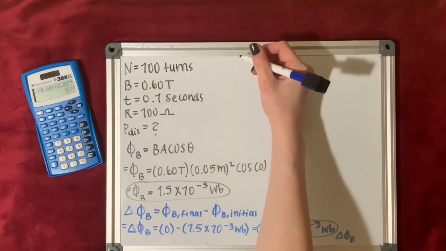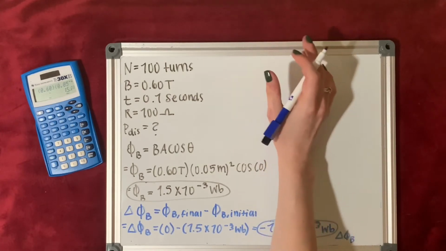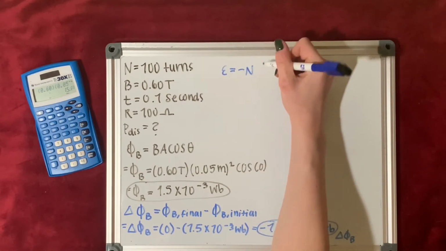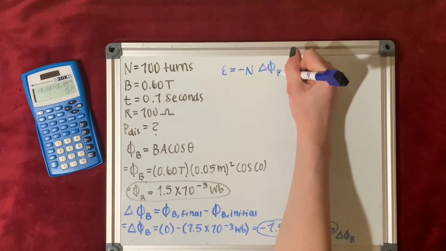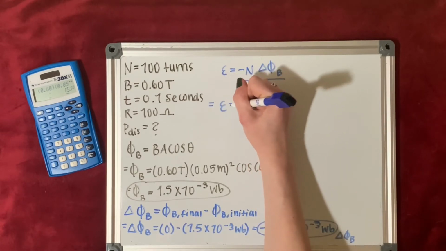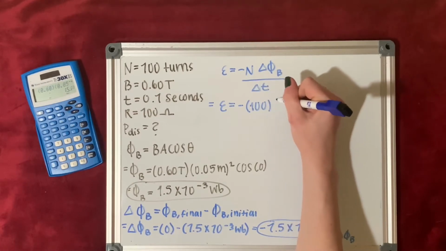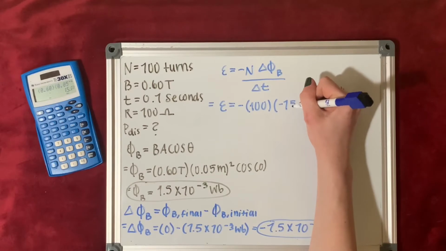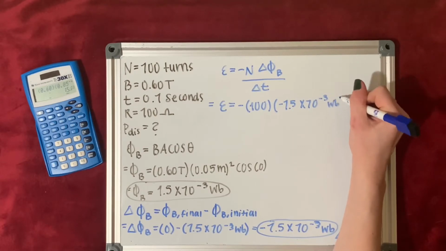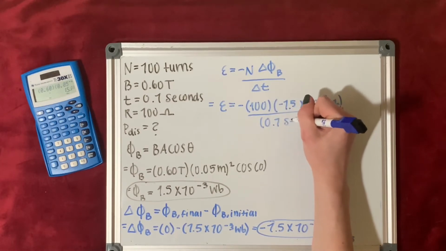Now we're going to be using the induced EMF formula to find the induced EMF, which is epsilon equals negative N times the change in magnetic flux divided by delta T. Plugging in the values, 100 times negative 1.5 times 10 to the negative third Weber, divided by 0.1 seconds.